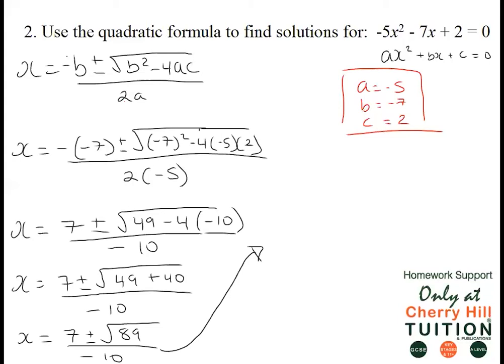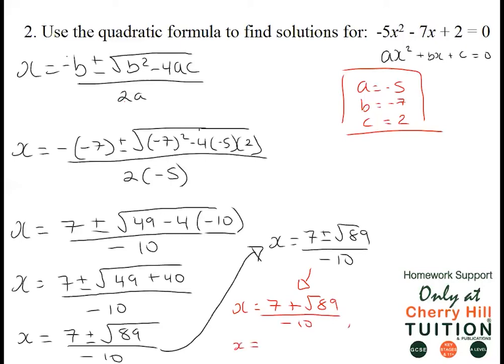So let me just rewrite this here. We now have our two values of x. So x is equal to 7 plus the square root of 89 over minus 10, and x is also equal to 7 minus the square root of 89 all over minus 10.